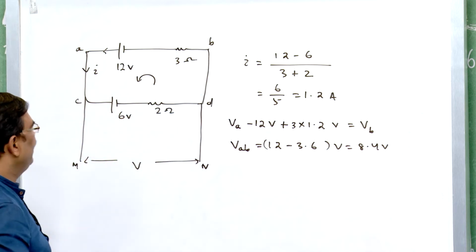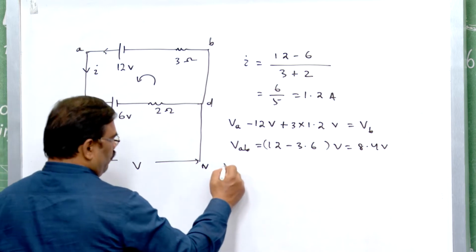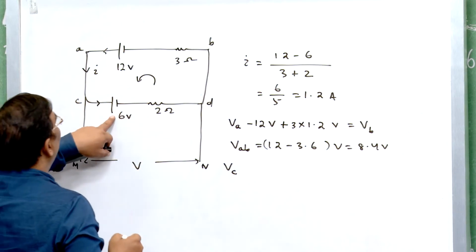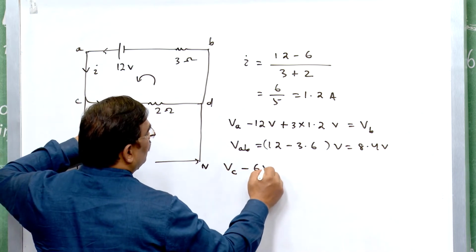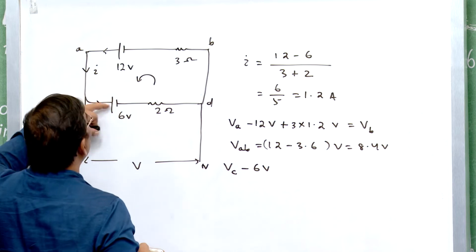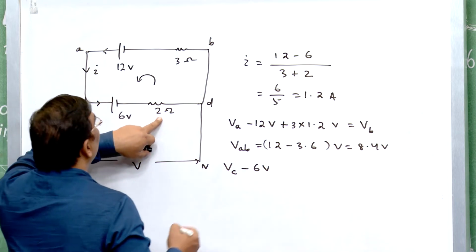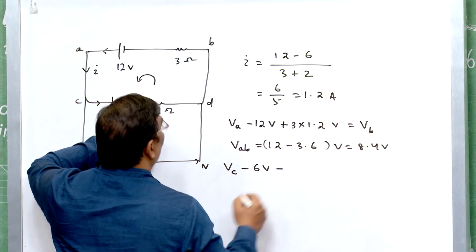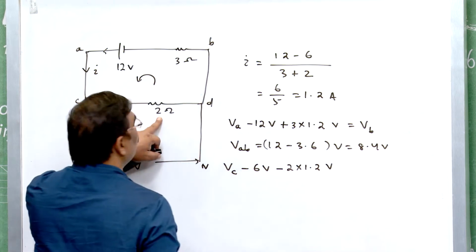Now, let us calculate the potential difference between C and D. So, VC, again 6 volt is opposing me. So, it is minus 6 volt, but I am in this direction. So, my potential is higher than the potential across the resistor. So, it is minus 2 into 1.2 volt.